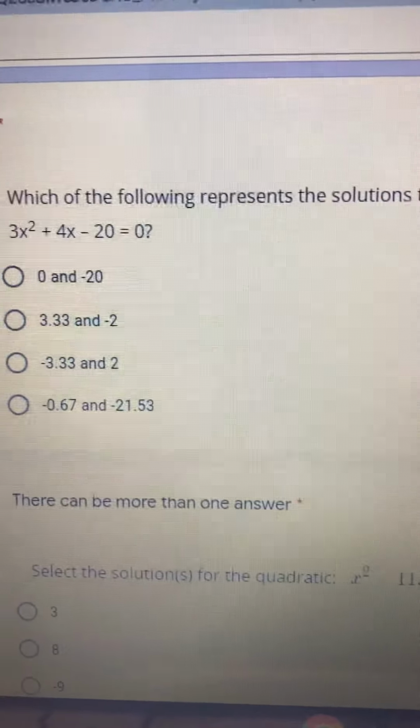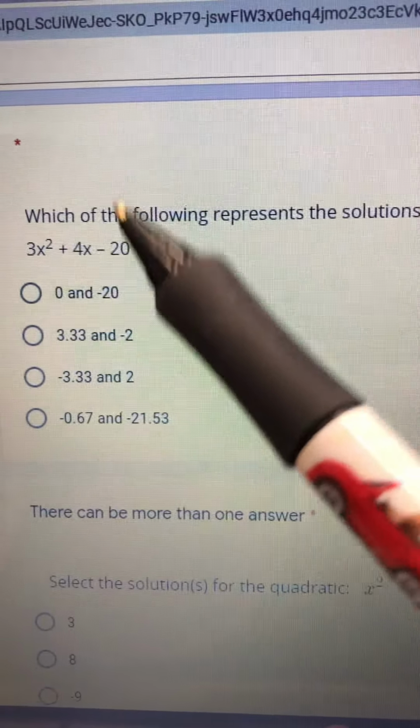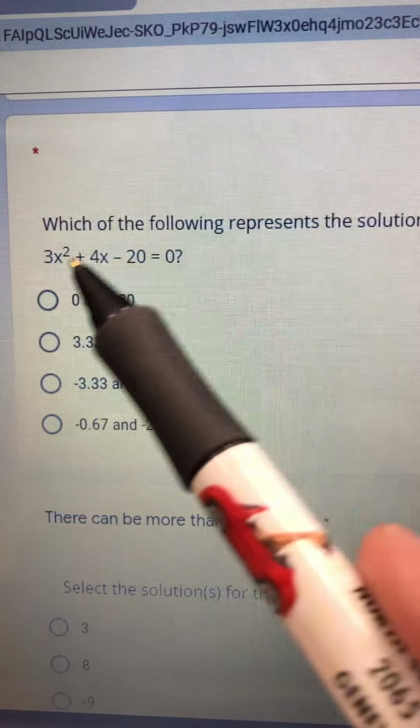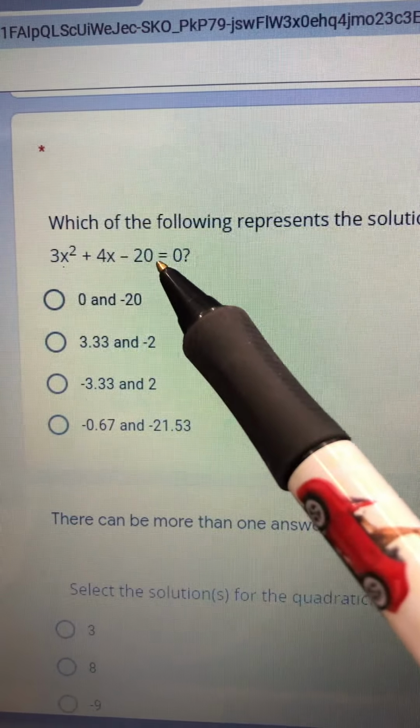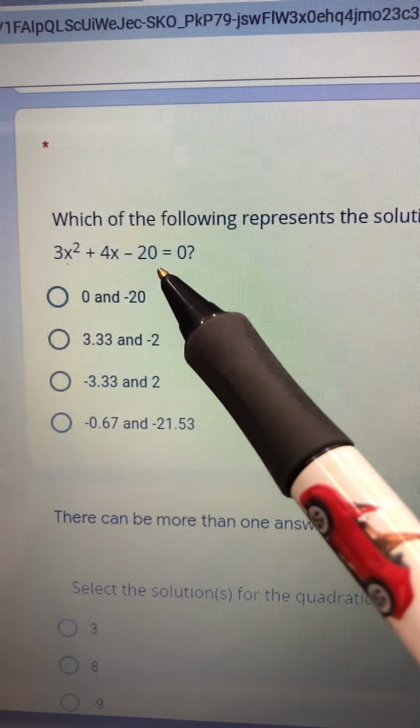Which of the following represents the solutions to this equation? My advice to you is to plug this one into Desmos and then see where it crosses the x-axis.